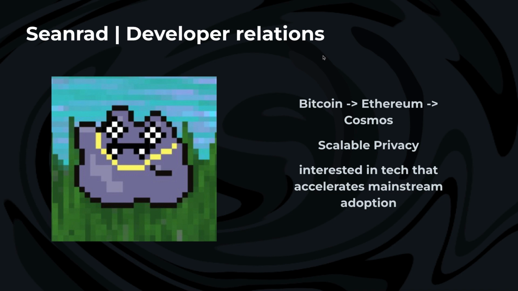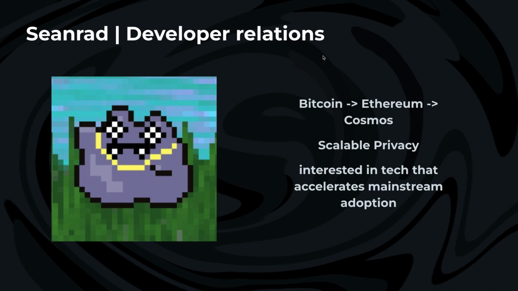And once I started reading about the privacy tech, about the trusted execution environment, which we'll get into in a sec, I was like, okay, I guess I'm going to learn Rust now so that I can be a part of this community. And my developer journey from there to now is that I did something called the Web3 Builders Alliance, which is super cool. You should check it out if you're thinking about learning Rust and becoming a Cosmos developer.